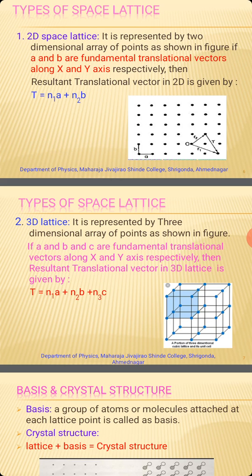It means that in order to develop a two-dimensional space lattice, so that each point will have the same environment as that of the other, one should extend A n1 times and B n2 times, where n1 and n2 are integers.